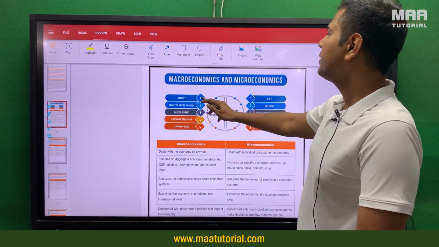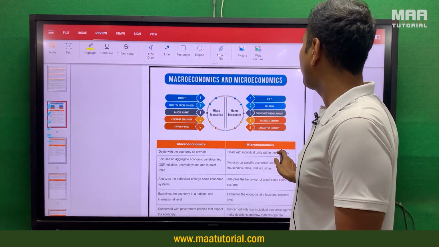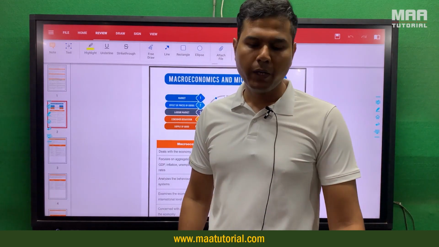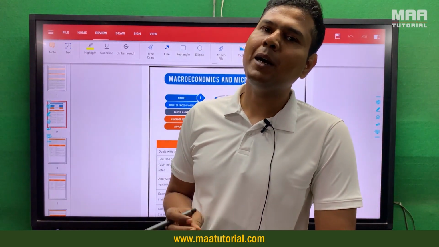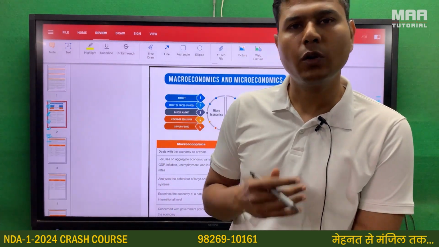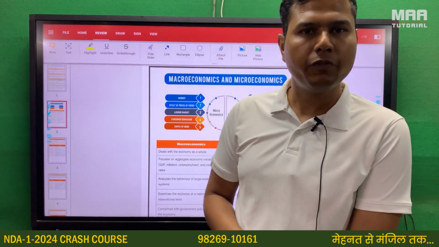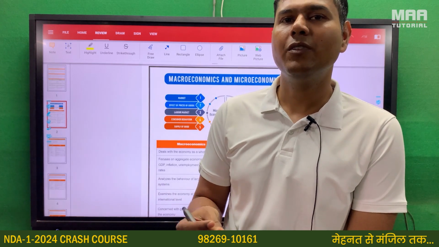While let's take other example, market. Market is an example of microeconomics, deals with individual unit of the economy within economy. Tell me, the market in Tamil Nadu, wouldn't it be different from a market in, let's say, Uttar Pradesh? Uttar Pradesh produces a lot of wheat, Punjab produces a lot of wheat, Madhya Pradesh produces a lot of wheat. But when we go to southern states, they produce a lot of rice.